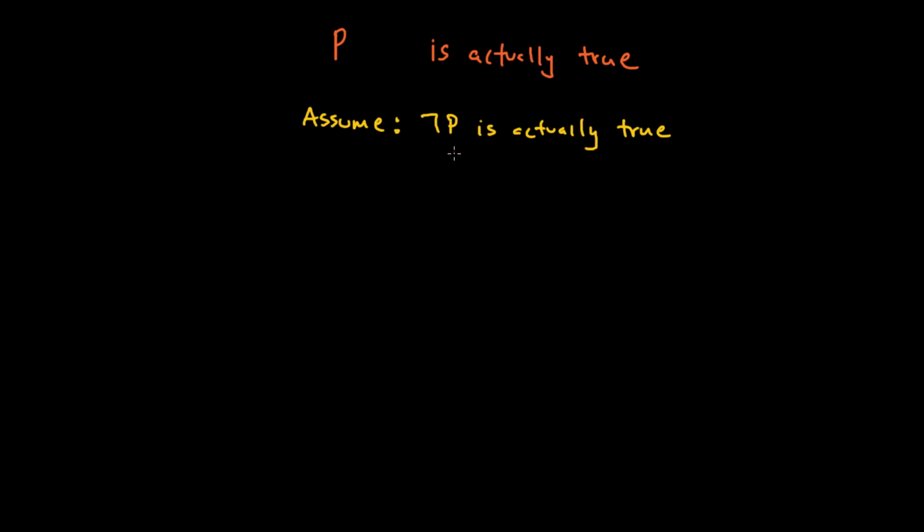By assuming that the negation of P is true, I'm then going to perform some series of inferencing. As I do this inferencing, I come to some conclusion, let's say R is true, and then I do some more inferencing and come to saying that not R is true.